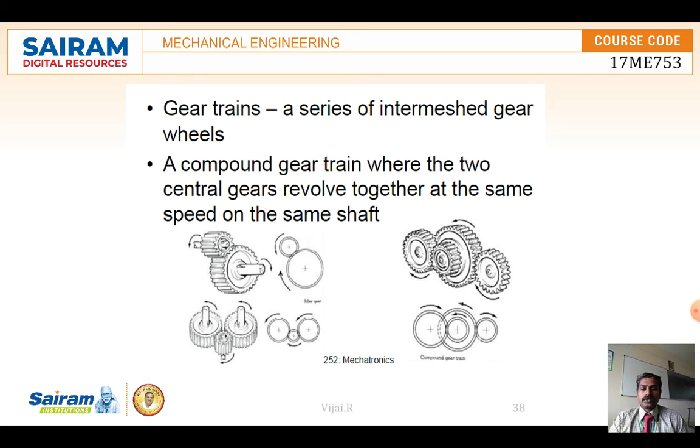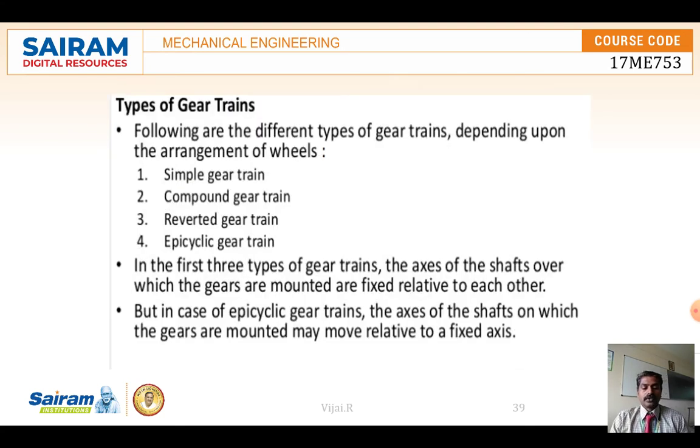And compound gear is two shafts, different gears, two central gears revolving together at the same speed on the same shaft. This is called a compound gear. In the automobile field, for gear shifting in four wheelers, we use this for changing the speed.